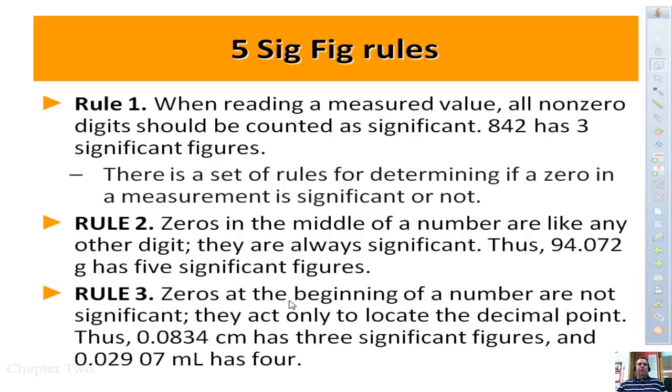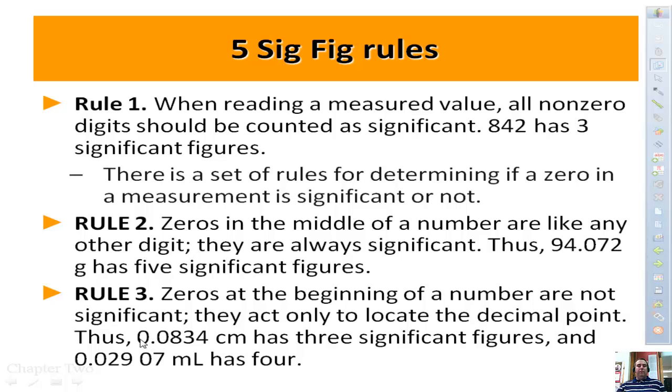Zeros at the beginning, those numbers that act just as placeholders, are not going to count. Those will not count as Sig Figs. The thing is, I need the 8 in the hundredths position. And the only way I can place the 8 in the hundredths position is by having that 0 out in front. So these front zeros will not count as Sig Figs.